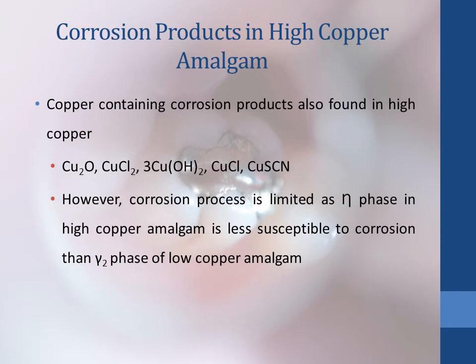The corrosion products in high copper amalgam, well, there are very few chances of them being formed, and again, they're oxides and chlorides or hydroxides. But due to the large eta crystals and phases in high copper amalgam, the corrosion process is limited, and that amalgam is less susceptible to corrosion than the gamma 2 phase of low copper amalgam.